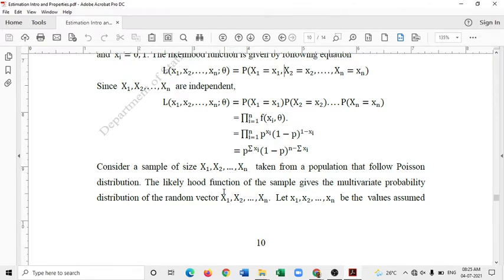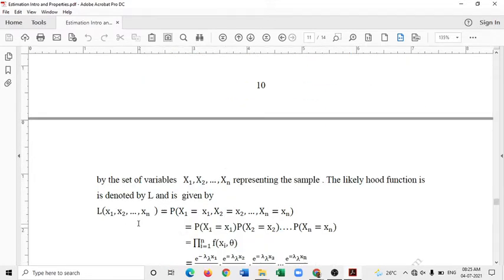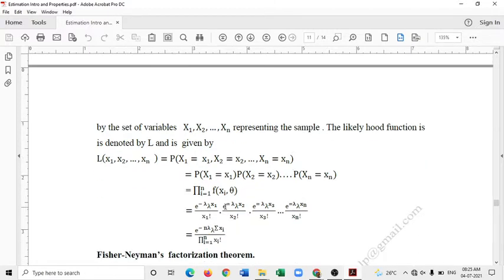Each of these variables is drawn from a Poisson distributed population, therefore their individual distributions are also Poisson. So we have the likelihood function L of x1, x2, etc., xn, that is P of X1 equal to x1, comma, P of X2 equal to x2, comma, etc., Xn equal to xn. Since the variables are independent, it is the product of the individual density functions.